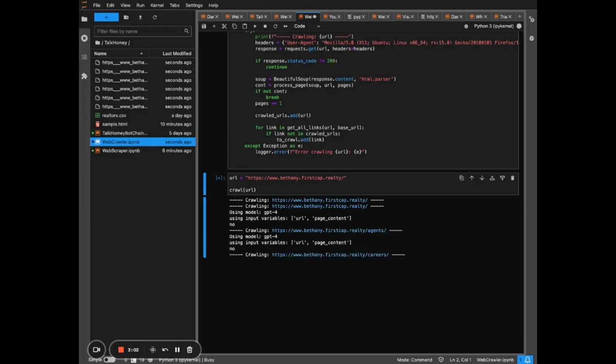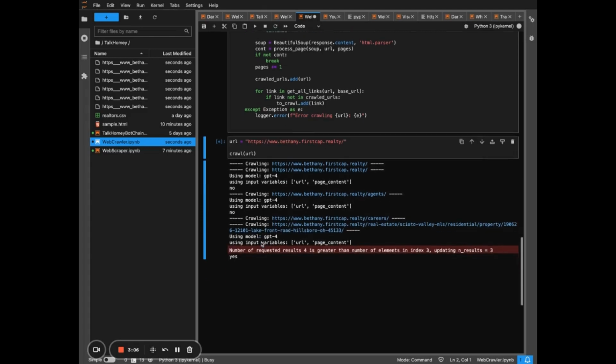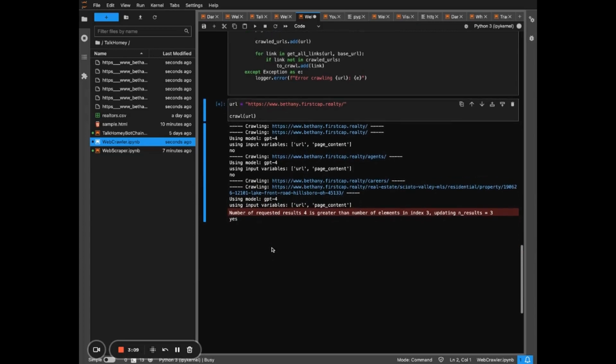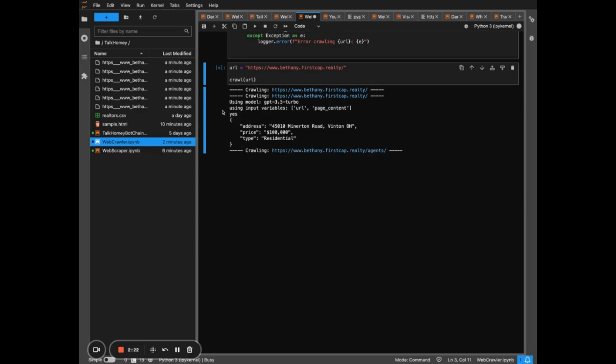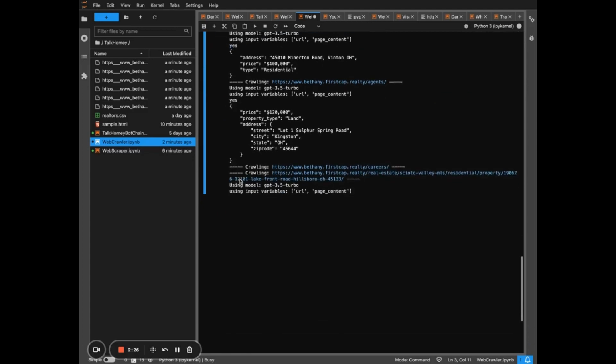Then I added in the URL just above the page context. And at that point, GPT-4 goes, oh yeah, that's a single property listing. Huh. How about that? What about 3.5? Still no. 3.5 is just not very good at this task. Now, here's the issue.